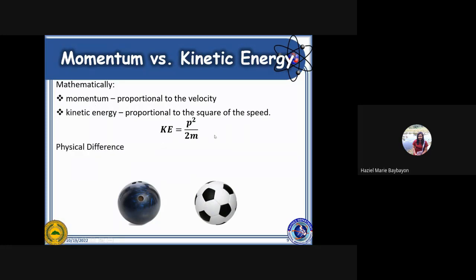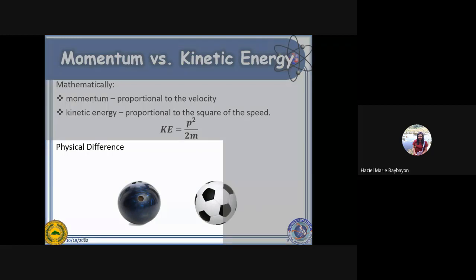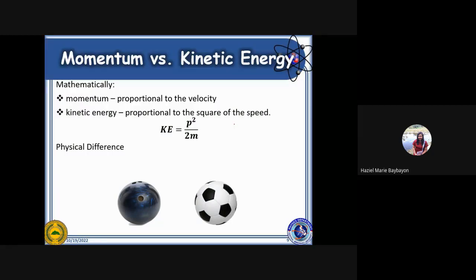Okay, so recall that P is equal to mv, okay? And then kinetic energy is equal to 1/2 mv squared.